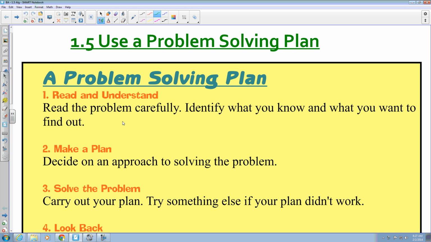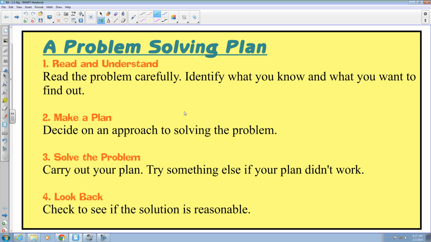Word problems can be tricky, challenging, but there are certain steps that we have to take in order to solve them correctly. And I have some little keynotes for you to look at, to make sure that we are doing the right approach.